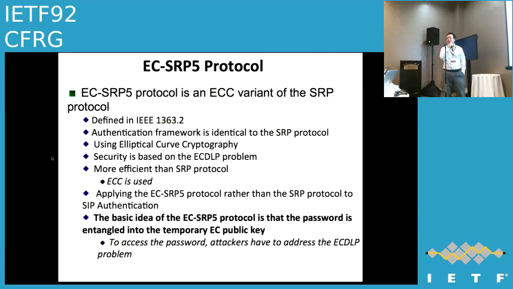ECC is much more efficient than the SRP protocol. The basic idea of the ECSRP protocol is that the password is integrated into the temporary EC public key. So if an attacker wants to get the password, the attacker has to address the ECDLP problem.